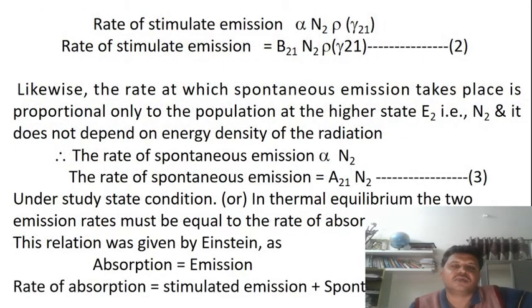Next we come to stimulated emission. Stimulated emission occurs at the upper energy level, due to interaction with photons, and it takes a downward transition. In the downward transition, how many electrons go from the higher energy level to the ground state, and how much energy density these photons or electrons have, is very important for the production of laser light.